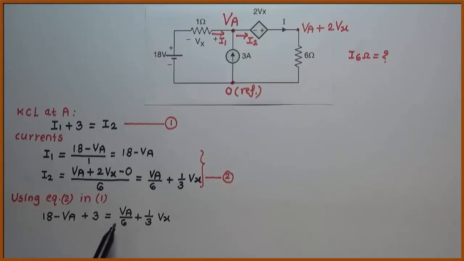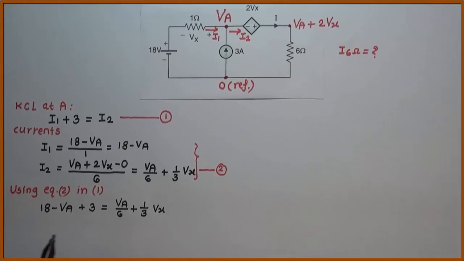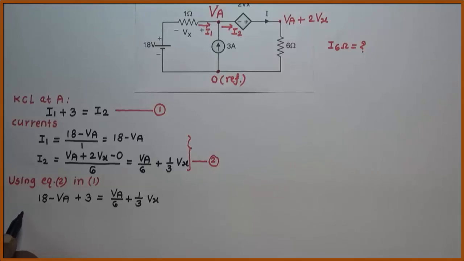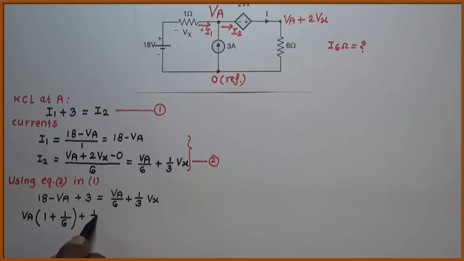Let us combine the terms of VA. So this is VA. If I take it to this side, into bracket 1 plus 1 by 6, plus 1/3 Vx is equal to, now this 18 plus 3, that is 21.